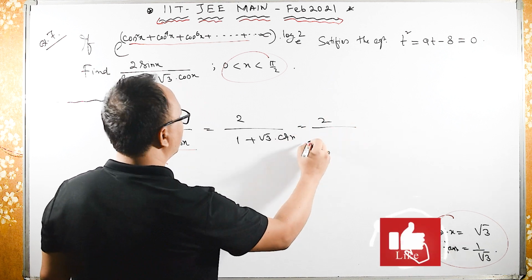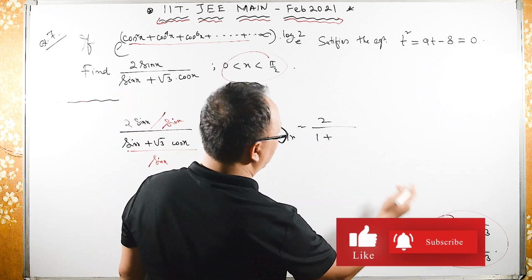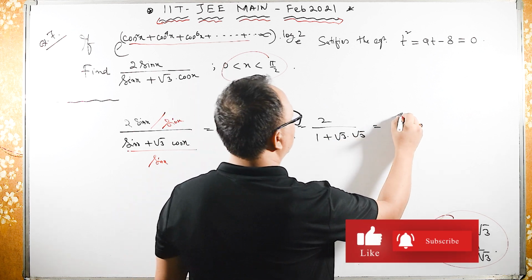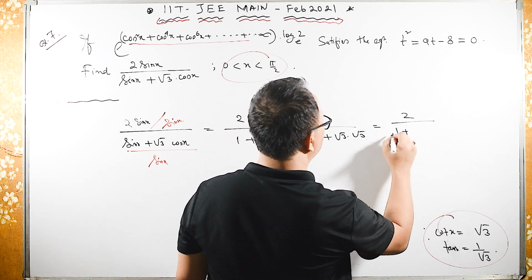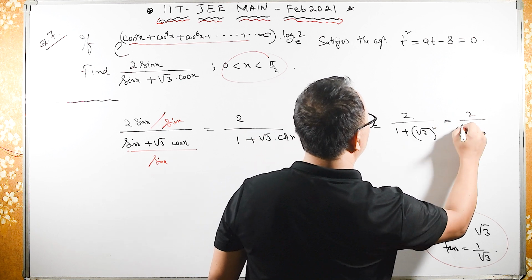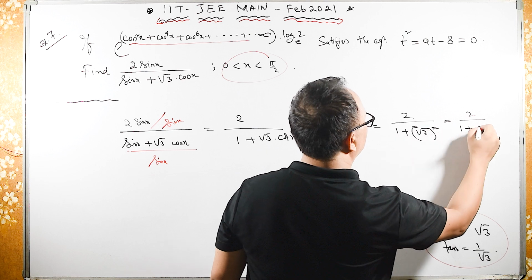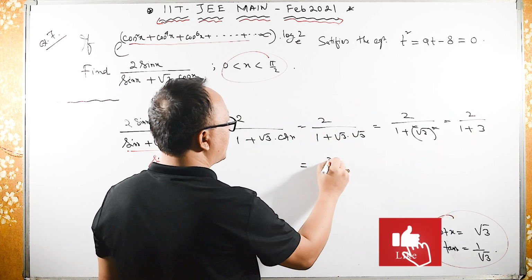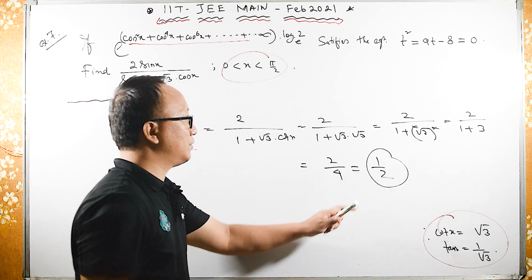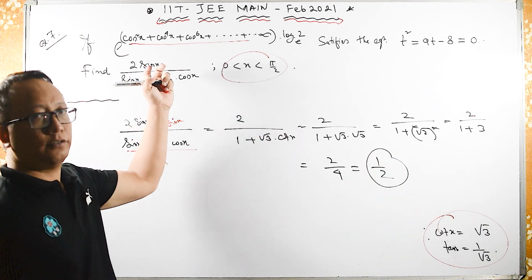So 2 upon 1 plus, with cot being root 3, root 3 into root 3, which is root 3 the whole square. This is the same as 2 upon 1 plus 3, which is 2 upon 4, the same as 1 upon 2. So 1 upon 2 is the required answer.